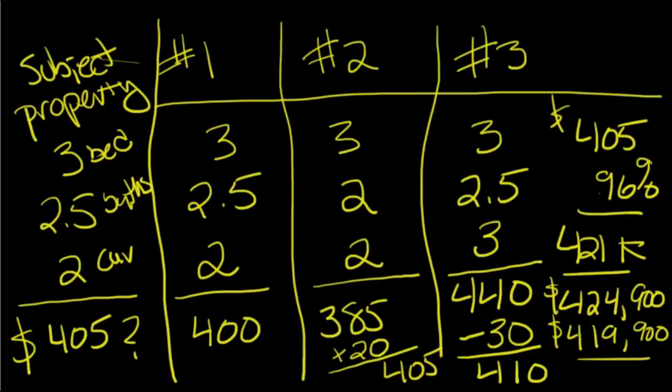So it really depends upon how motivated they are to sell, and that's something you're going to have to discuss with your client. Do they want to really move on, or are they just testing the waters and a bit more patient? So there's your sales comparison approach. Let's go on to the income approach and then the cost approach.